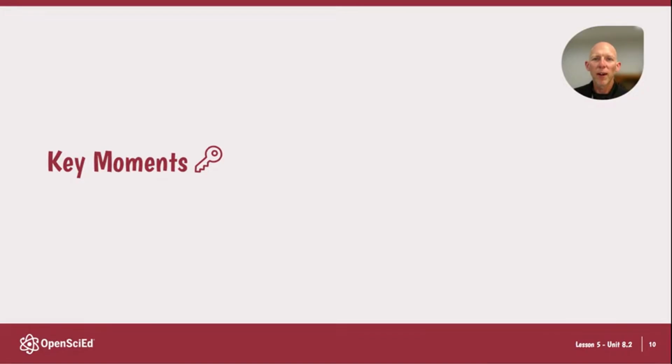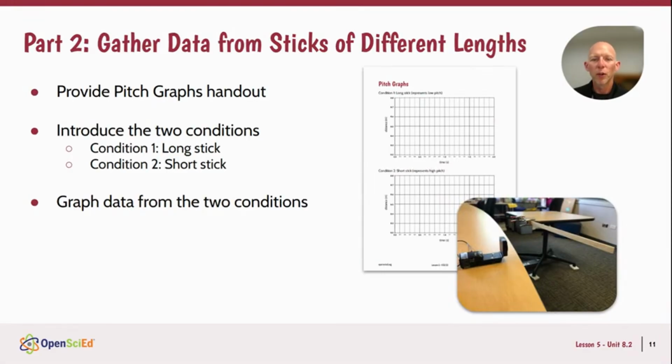Higher frequency vibrations produce higher pitch sounds. Some parts I want to highlight. First, part two, where you're gathering data from both the stick apparatus and the computer simulation. So you're going to provide students with the pitch graph handout where they're going to record their data. Introduce the two conditions.